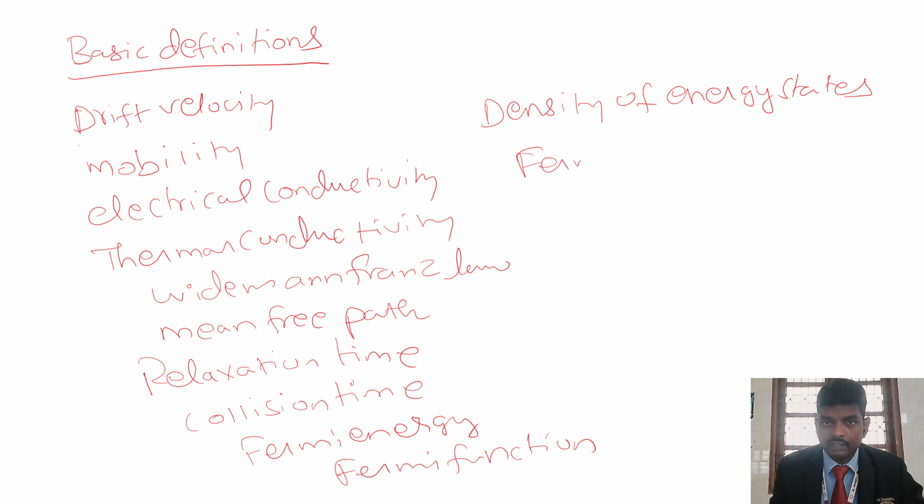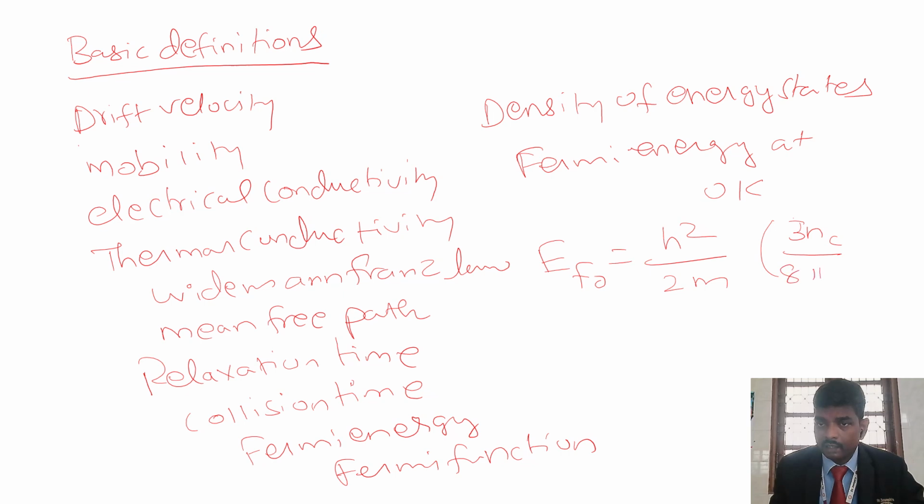We can even ask Fermi energy at 0 Kelvin, so you may be expected to write the expression for EF0 alone. EF0 is equal to h squared by 2m times (3n by 8 pi) to the power 2 by 3. This expression you may be expected to write.